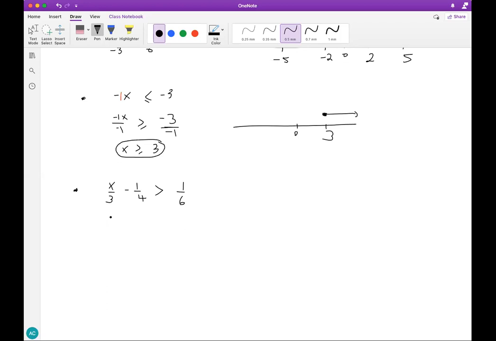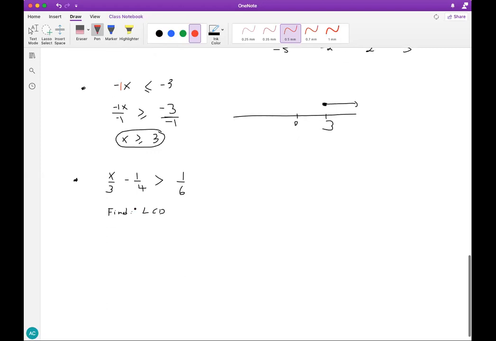If you remember from the equations, when you have multiple fractions, we want to try to cancel them. How do you cancel fractions? We need to find the least common denominator, the LCD. The easiest and fastest way to cancel all these fractions. What is the LCD for 3, 4, and 6? 12. So finding the LCD is the first step.